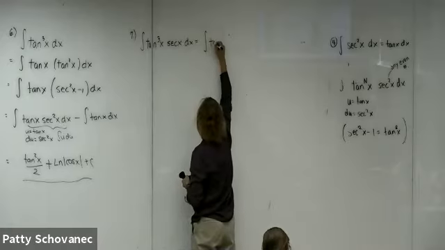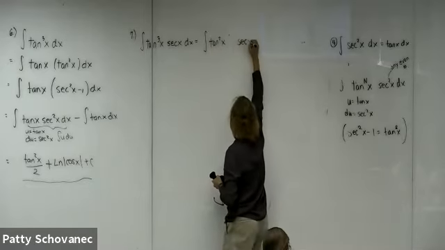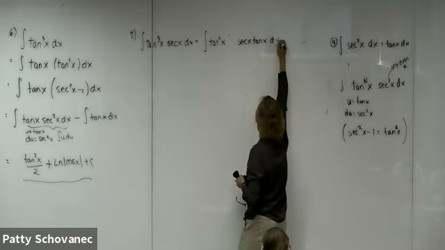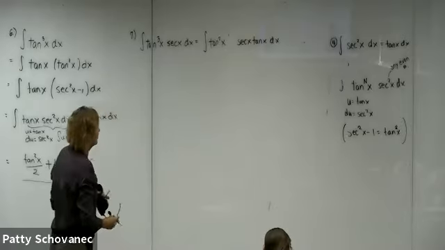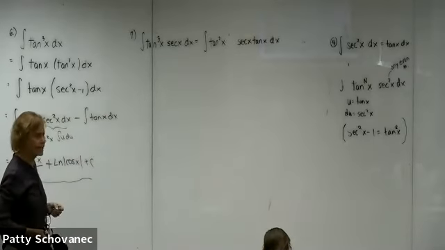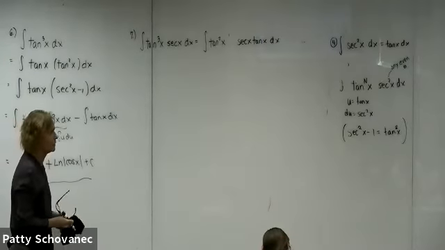I'm gonna have a tangent squared left when I take one of those tangents away. The tangent I took away is right here, positioned to be the du. So you have to kind of think backwards, get your du set up and then make your u appear in the rest of the integral. So I've got to replace the tangent squared with secant squared minus 1.